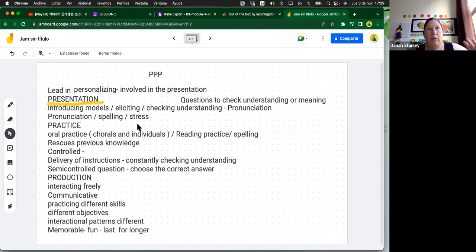Then when they represent the movement or the mime, you ask them to repeat, you ask for chorals, individuals, you check. For example, there was a student who said shop teller. And then the teacher corrected and he said shop assistant. Shop assistant.